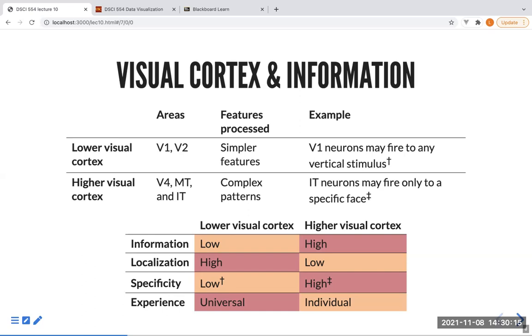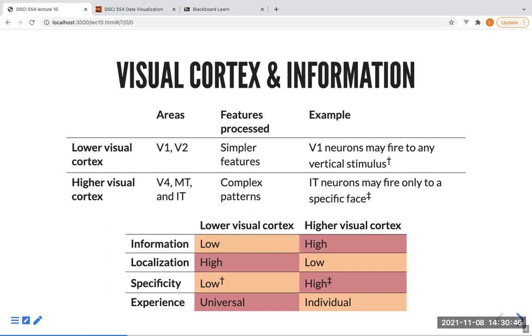As long as it sees a vertical stimulus, it's going to fire. So here, how specific it is to vertical lines is very low. Here, how specific we are, to take the example of the face, is fairly high, because there we're going to recognize exactly which face that is.